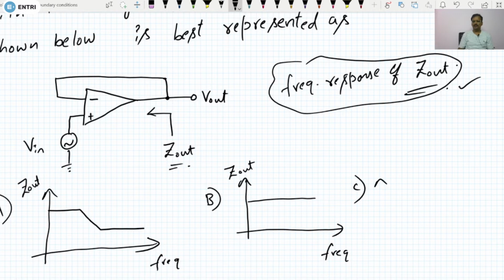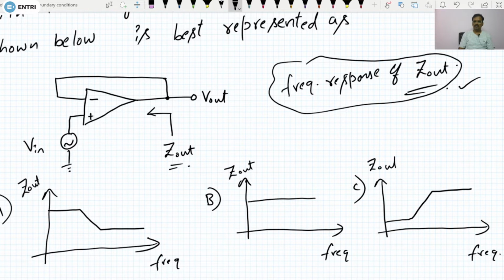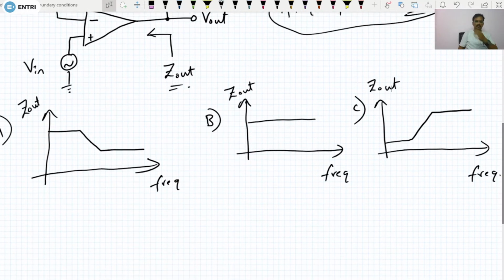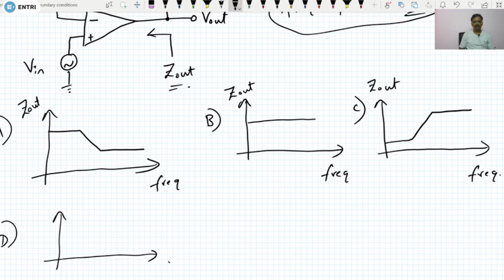Next, option C they have given this. And option D they have given something like this.